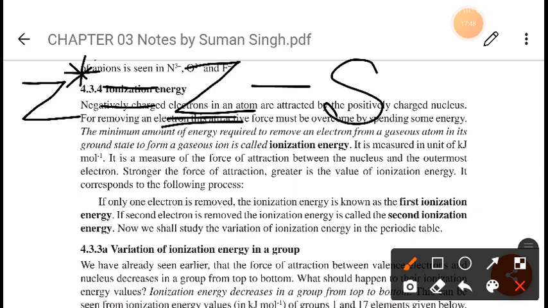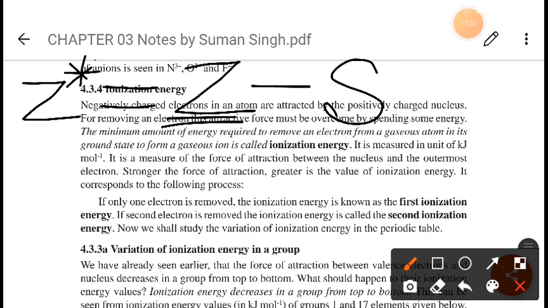Now, the screening effect depends upon the number of inner electrons. If the number of inner electrons is greater, the shielding effect will increase, and consequently the effect of nuclear charge on the valence electron will decrease. So the greater the number of inner electrons, the greater the screening effect, and the less the effective nuclear charge experienced by the valence electron.